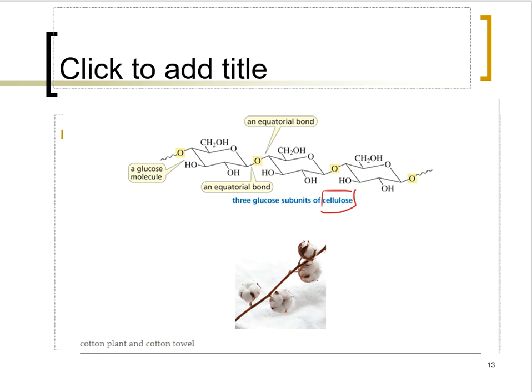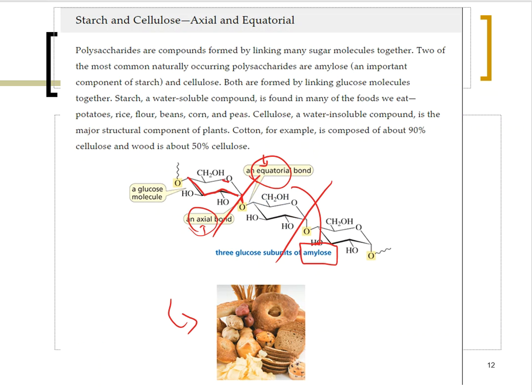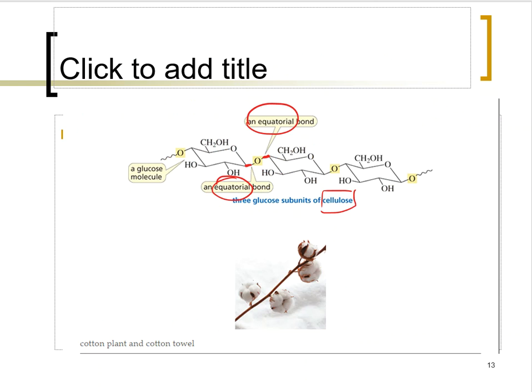But axial and equatorials are very important in terms of organic and in terms of chemical structure, because just the flip of one of the axial bonds, and now we're looking at equatorial and equatorial. It's the same glucose units. There's nothing different with the glucose. There's no difference at all. But with the axial bond getting flipped to become an equatorial bond, we change the structure of the major organic. And when we do that, we go from something that we call amylose to something that we call cellulose.